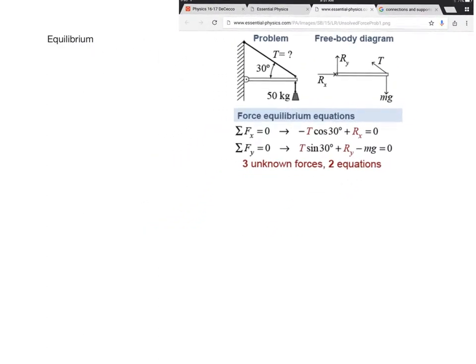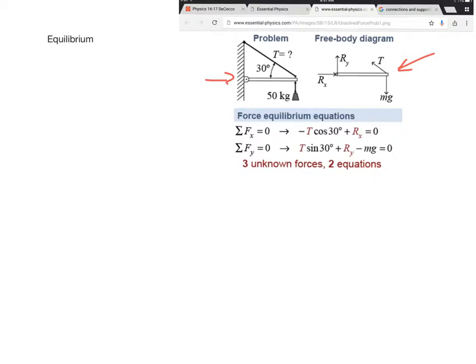All right, so for an equilibrium type of problem, first off, when we draw our free body diagram, we have to draw the forces at the point of contact. So you can see here from looking at the diagram that we can identify these forces acting at these different locations.